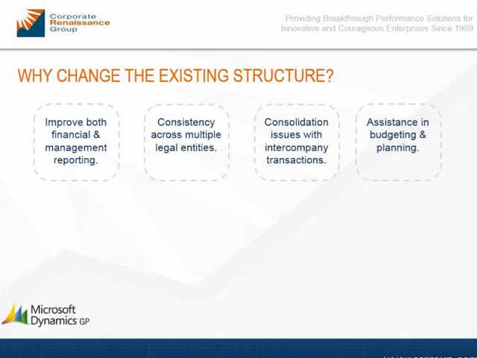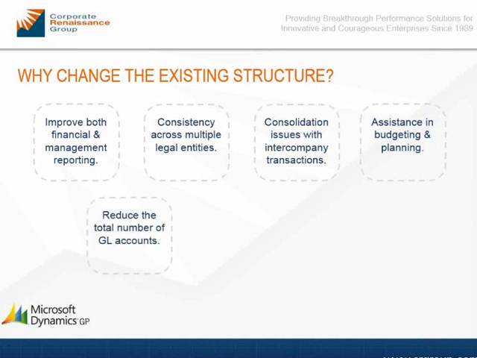Oftentimes in budgeting and planning solutions, the structure of the GL also creates an organizational structure in the budgeting and planning solution, and that's another reason why clients often look at the need to restructure the accounts.